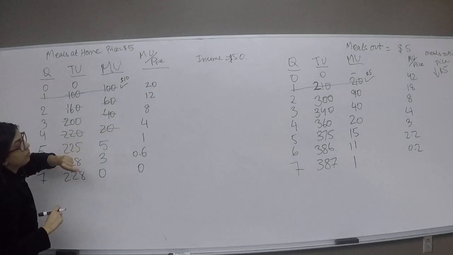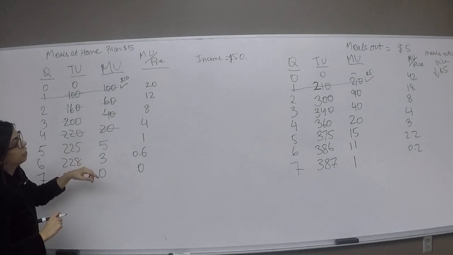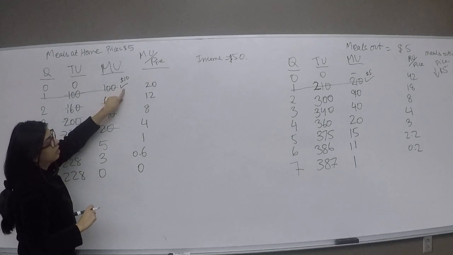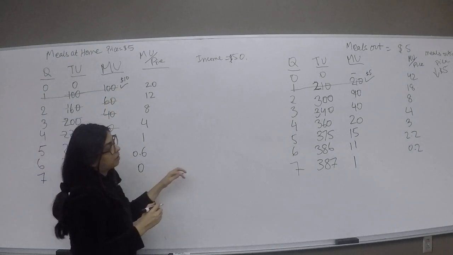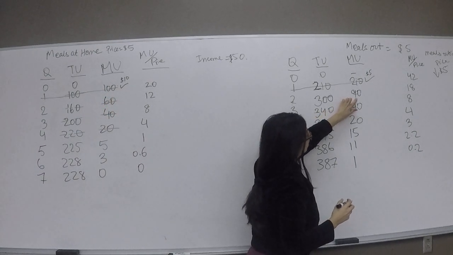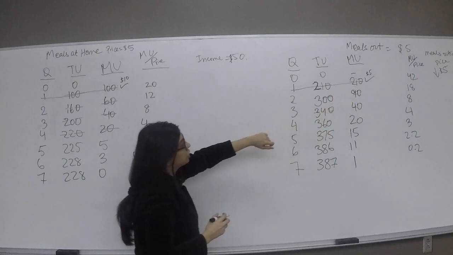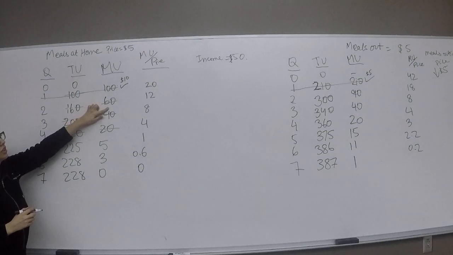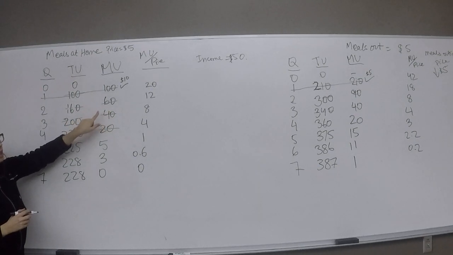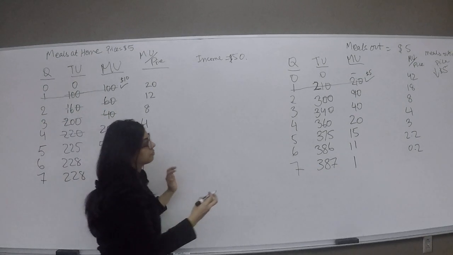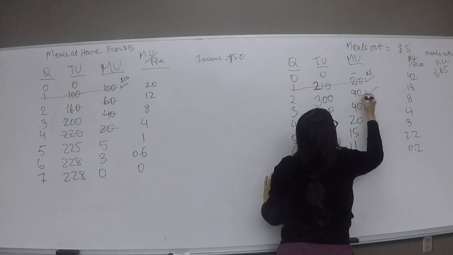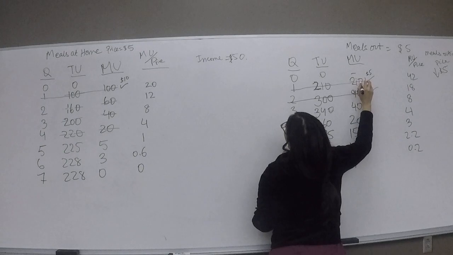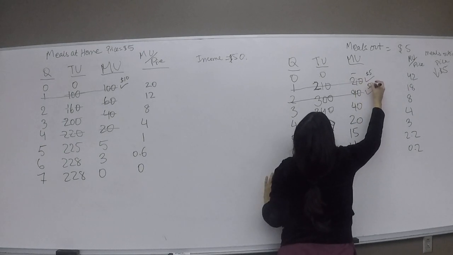Now for your third meal, so you had one outside so far, one at home. Your third meal will be where? Out is giving you 90 marginal utility, and in is giving you 60 marginal utility. So which one will it be? Out.